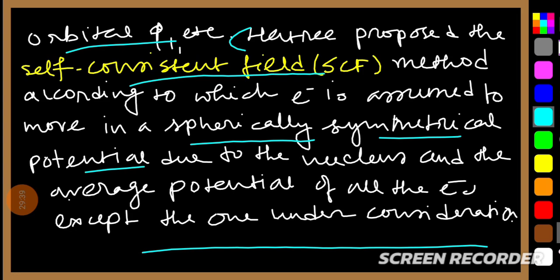That means all electrons always move in a spherically symmetrical potential because of the attraction of the nucleus, because the nucleus attracts all the electrons symmetrically, and the average potential of all the electrons except the one under consideration.